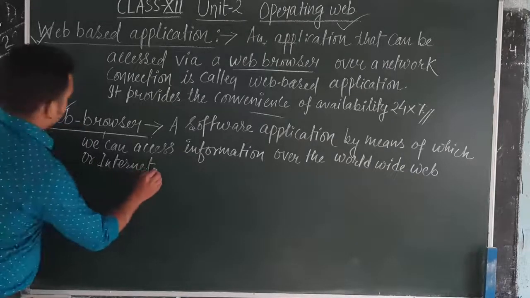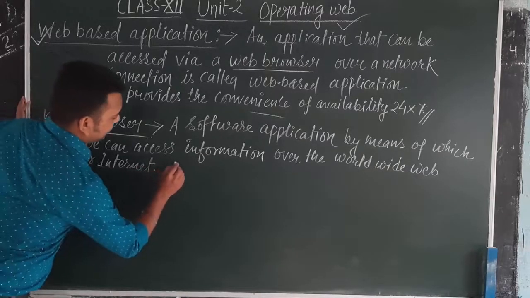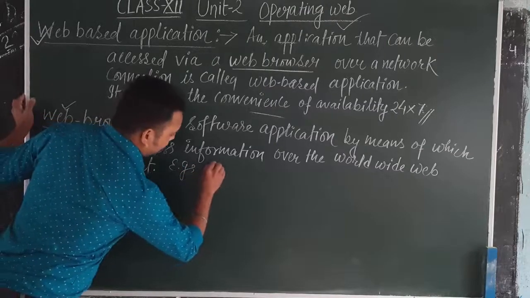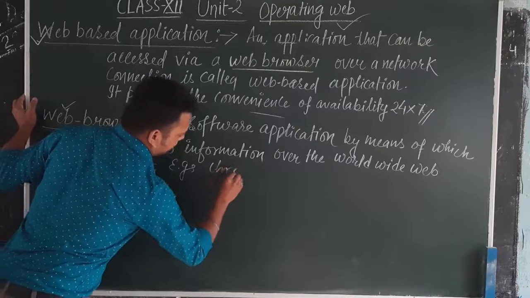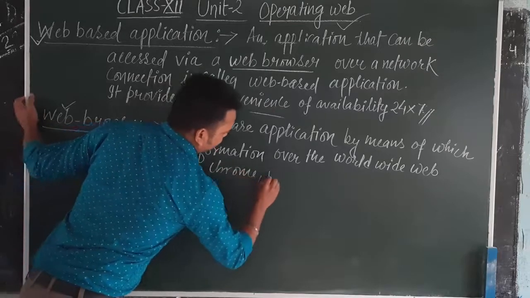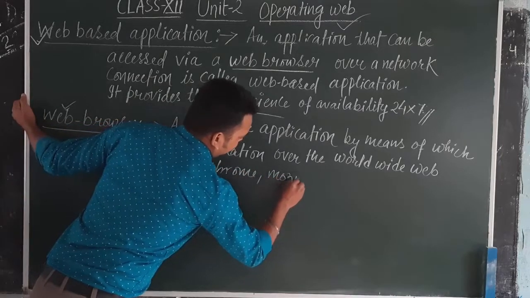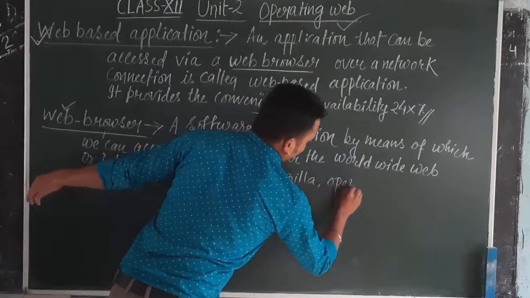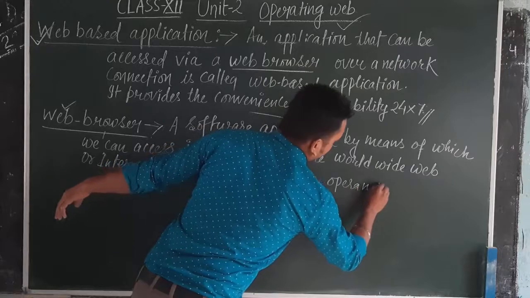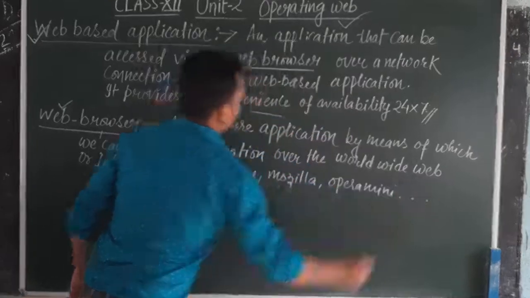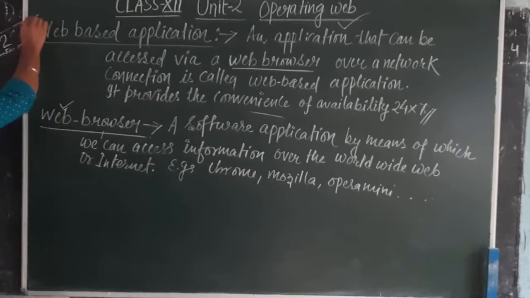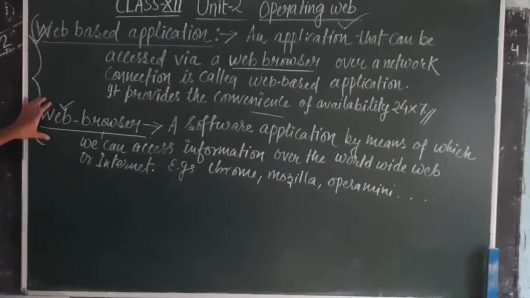Certain examples, as I have cited earlier, are Chrome, Mozilla, Opera Mini, and so on. So these are the two things on which our whole Unit 2 is based.